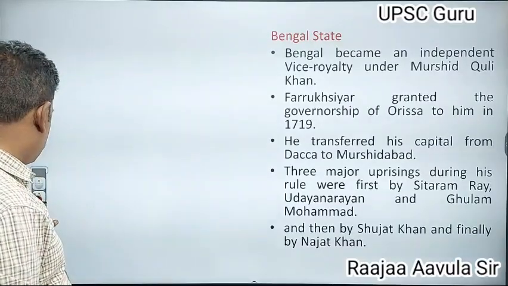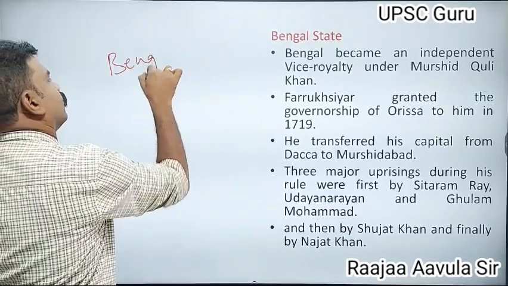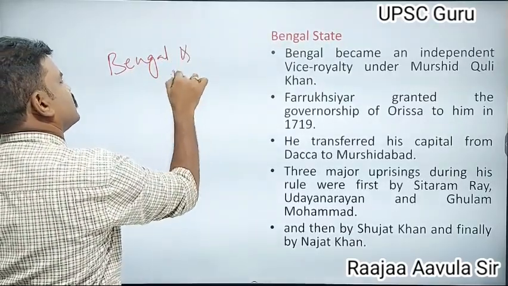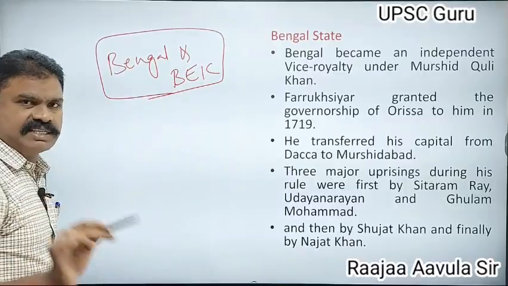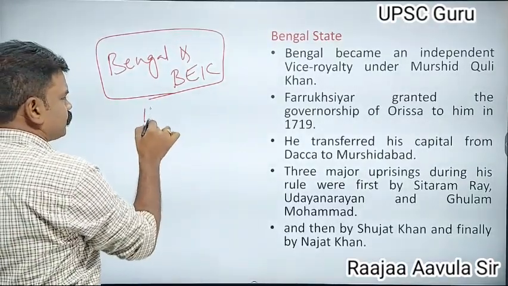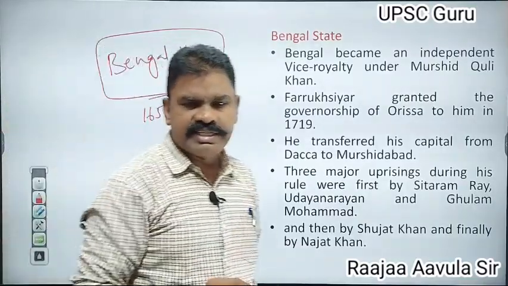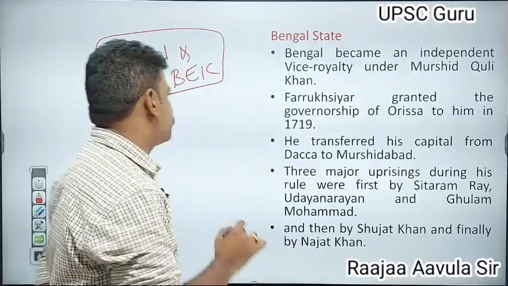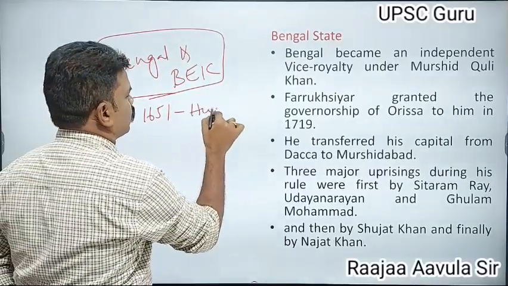That is about Bengal and the British East India Company. Now we discuss Bengal and the British East India Company. Coming to this point, in the year 1651, the first trade center of the British East India Company was established at Hooghly.